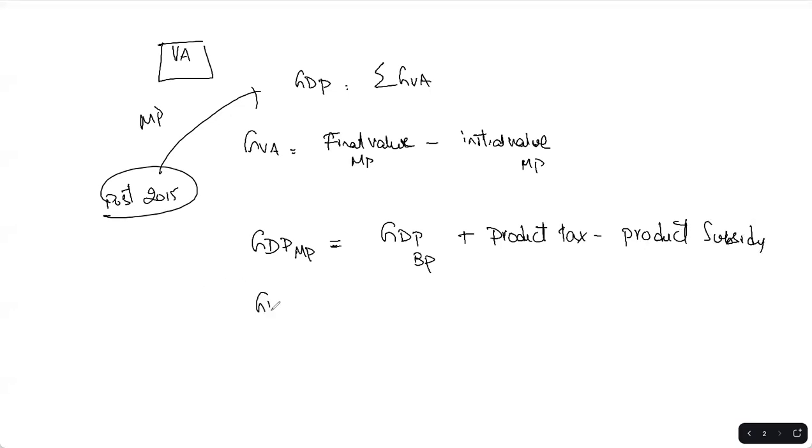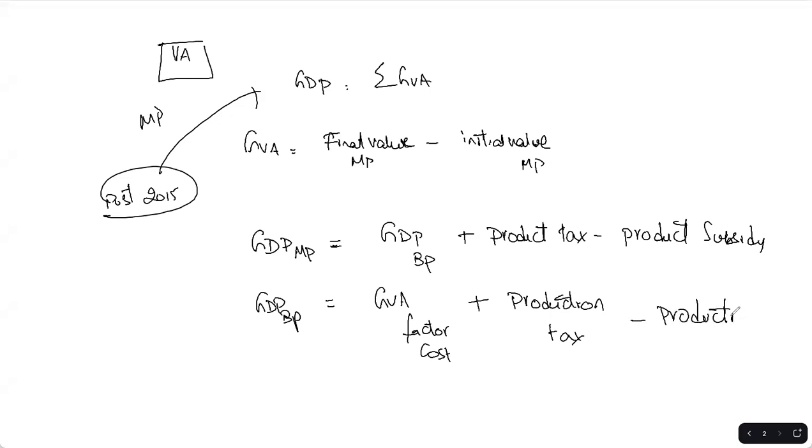Now, what is this GDP at the basic prices? It is GVA at factor cost plus production tax minus production subsidy. Now, you might be thinking, what is this product tax and product subsidy, and what is this production tax and production subsidy?